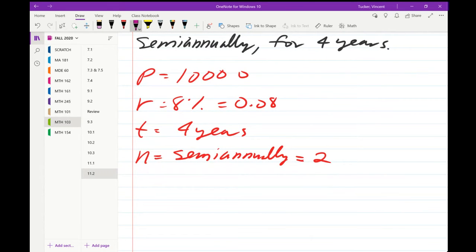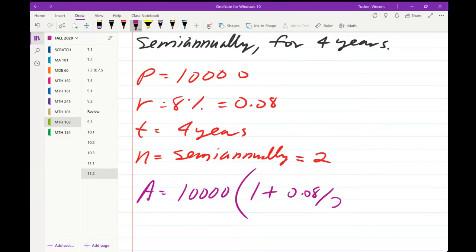All right, so now we can plug it into the formula. So you can put it in the calculator this way if you have that type of calculator where you can use your parentheses and everything like that.